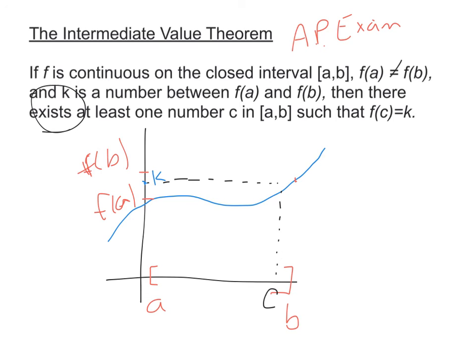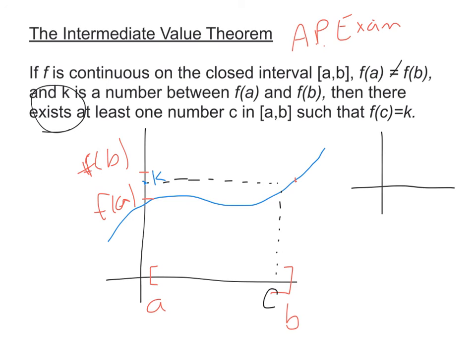We looked at something similar to this in Algebra 2 when we were looking for zeros of a function. Remember zeros of a function like a parabola or a cubic function, some sort of polynomial?